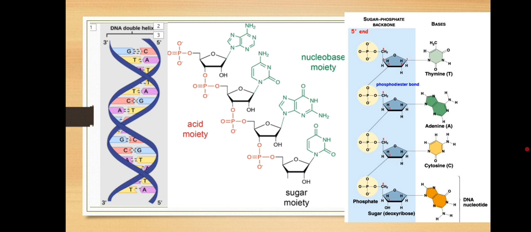That's why it is written 3' and 5', linked by a 3',5' phosphodiester bond. So what is the complete definition? Nucleic acids are polymers of nucleotides linked together by phosphodiester bonds.